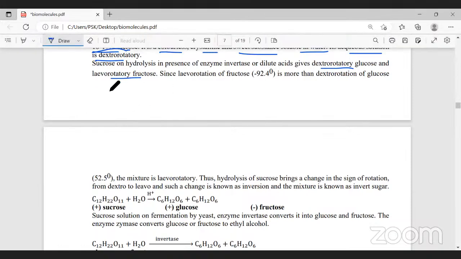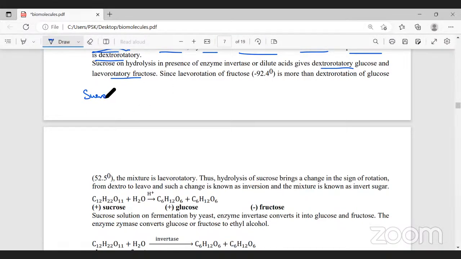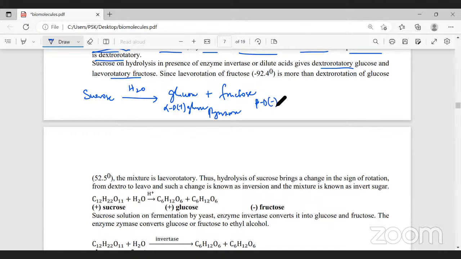So, we learned sucrose on hydrolysis gives glucose and fructose. Here they clearly say it is alpha D plus glucopyranose, and here it is beta D minus fructofuranose, because it is levorotatory.